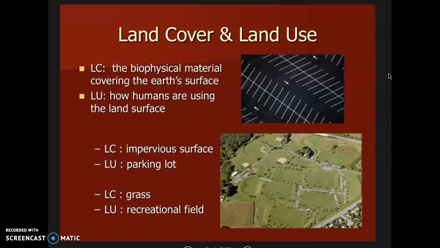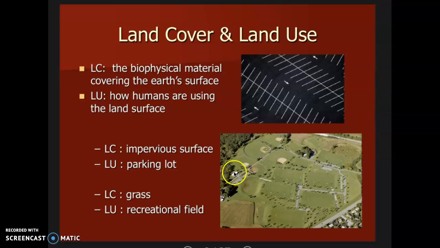That's the important part there. Water does not soak through. And the land use, you can tell clearly by the lines painted on that surface, is that it's a parking lot. So if I asked you what the land cover was, it's going to be a different answer than the land use, right? I'm sure you're following me.